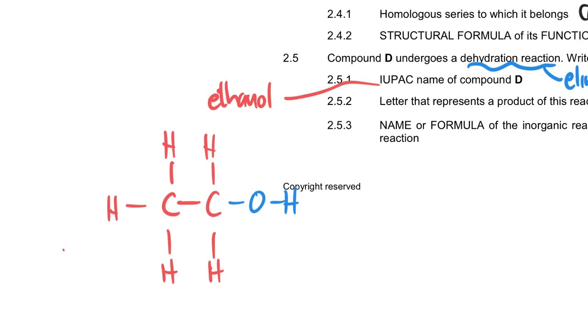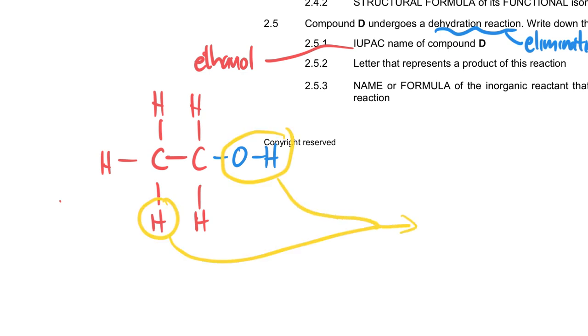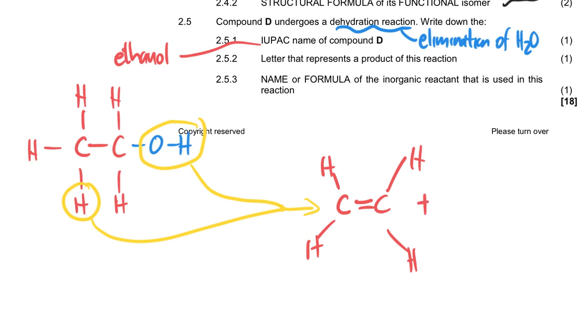So what happens in a dehydration reaction, an elimination reaction, the OH and a hydrogen from the adjacent carbon leave, and in leaving, it results in a double bond forming, and so we go from a saturated to an unsaturated compound, leaving us with an alkene and an eliminated product, which would be the water, which is HOH.